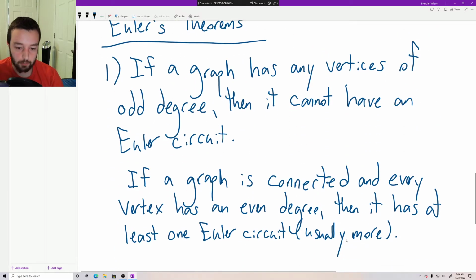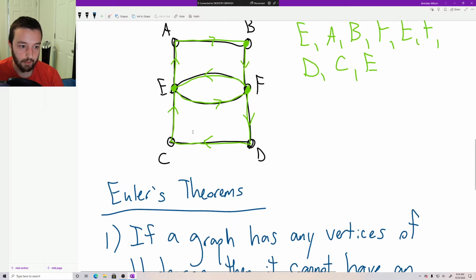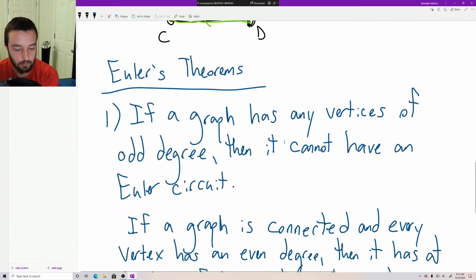When it says usually more, it's talking about a completely different circuit where you're going in completely different directions. Like maybe you start at F and you don't go this way, but you go this way. You could even completely reverse the directions, but even that's really counted as the same circuit, I believe.